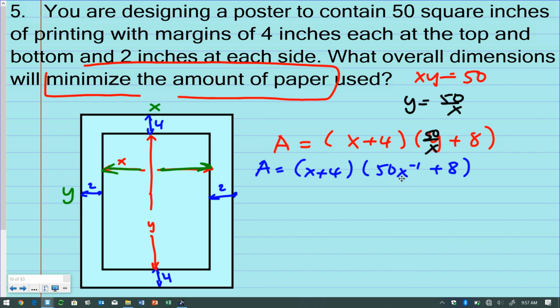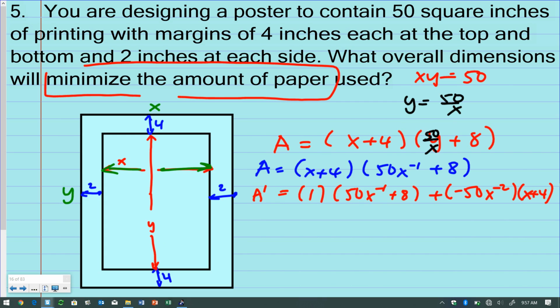All right, guys, if you do product rule, you need to rewrite this as 50 times x to the negative 1. So here we go. It's going to be a prime, the derivative of the first times the second, plus the derivative of the second times the first. Is everybody good with that?